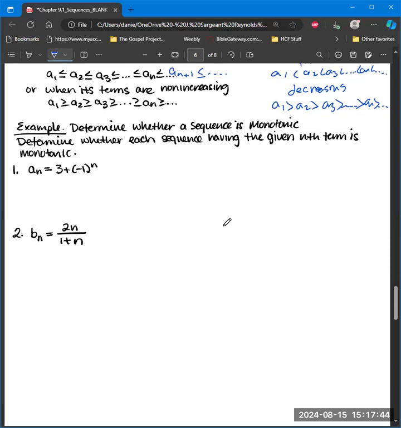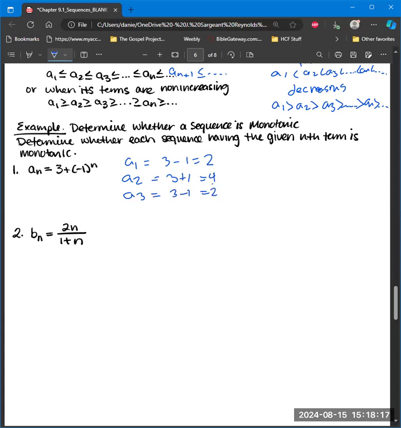So let's determine whether each sequence having the given nth term is monotonic. Let's look at the terms here. a1 is going to be equal to 3 minus 1, which is 2. a2 is going to be equal to 3 plus 1, which is 4. a3 is equal to 3 minus 1, which is 2.